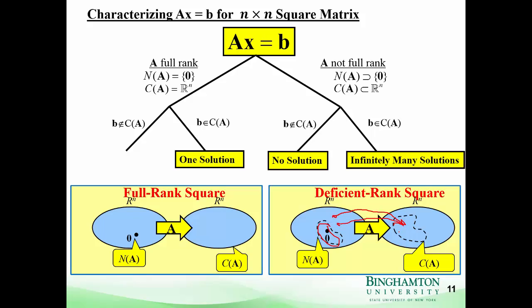And in fact, there will be infinitely many of them. We've seen that the null space might consist of a plane or a hyperplane or a line or something like that. And so there will be infinitely many of them that map in there. So you give me this B, and I can't solve this problem. I can't figure out what X gave rise to it.